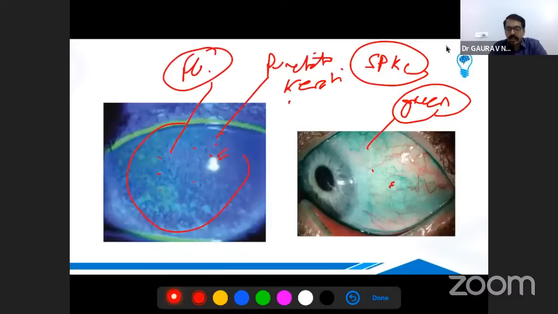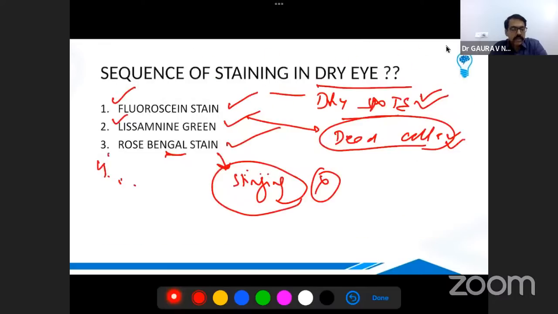So this is how lissamine green stain looks like, which is used to stain conjunctiva. First fluorescein, second lissamine green, and third would be rose bengal. Fourth stain, I have not been able to find what was the choice given. So there were 3 different sequences.